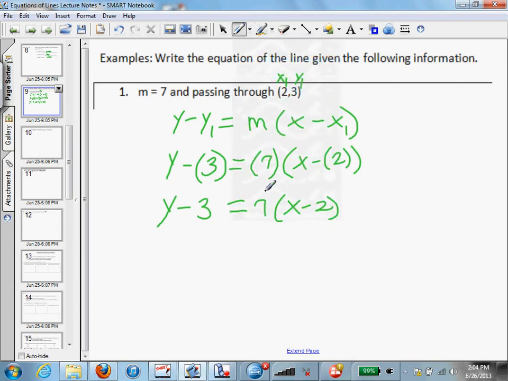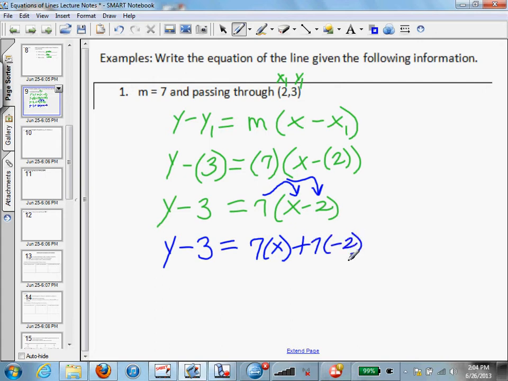It's in point-slope form, looks very nice. To take it further, you want to take this 7 and distribute it across everything inside the parentheses. So it leaves you with y minus 3 equals 7 times x plus 7 times minus 2. Let's simplify. You have y minus 3 equals 7x minus 14.